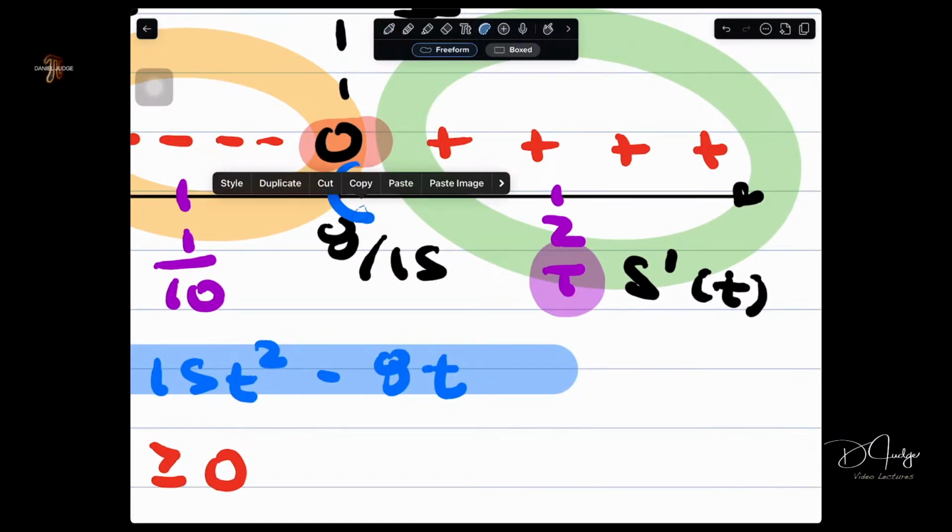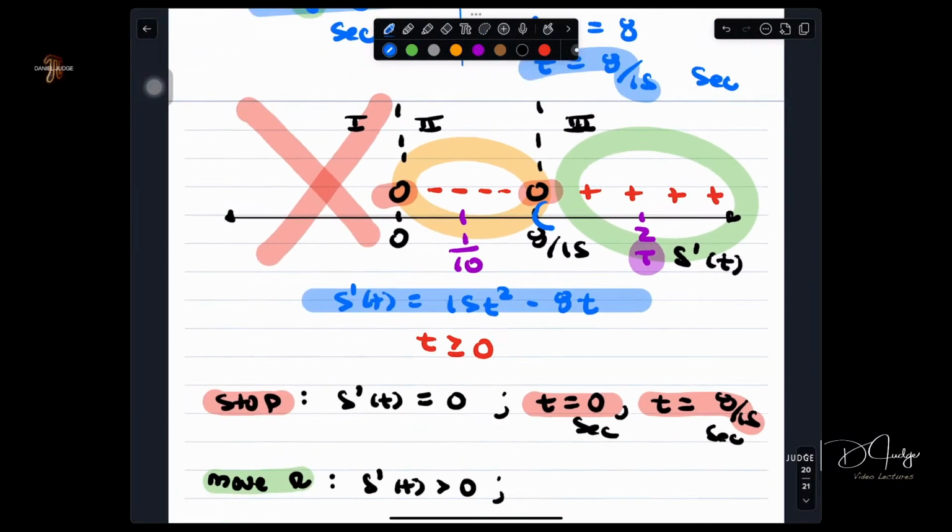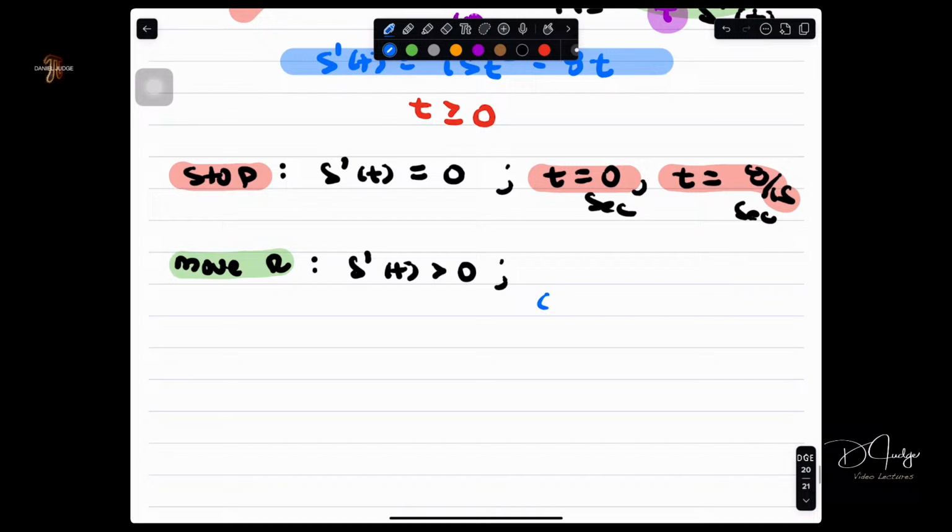Okay, we don't include the 0. That's from 8/15 forever to the right there. So as interval notation, that will be 8/15, comma, infinity. In terms of t, we just say t is bigger than 8/15. So for the time being bigger than 8/15, you'll be moving to the right.